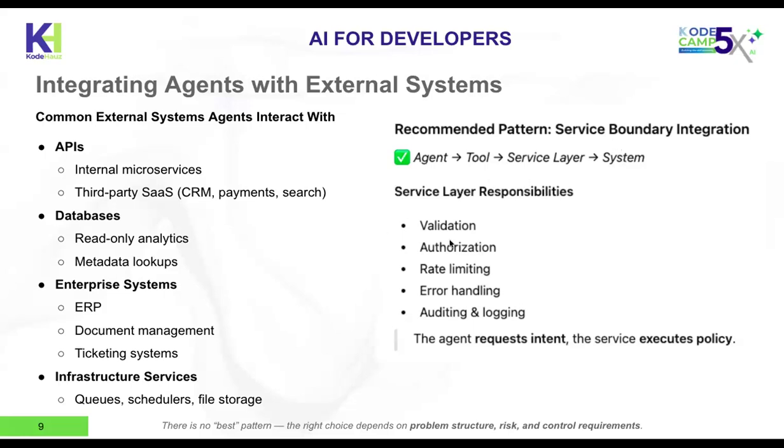So the service layer introduces validation. It allows validation, authorization, rate limiting, error handling, auditing, and logging. All of that, we can implement in this service layer. And the beauty of that is that you can reuse this service layer for multiple systems, because everything is all about reusability, integration, and horizontal scaling.